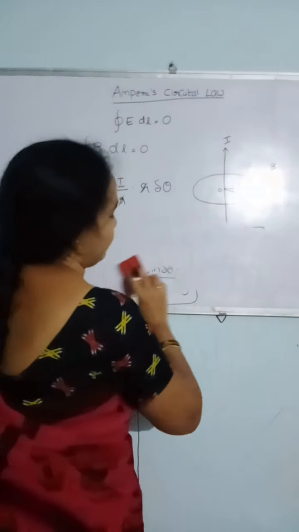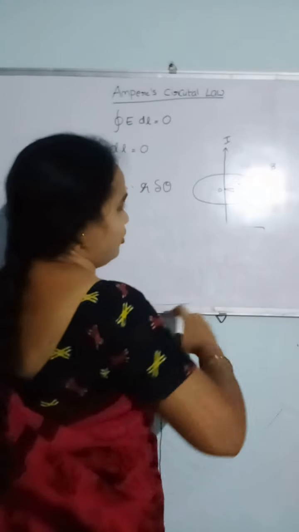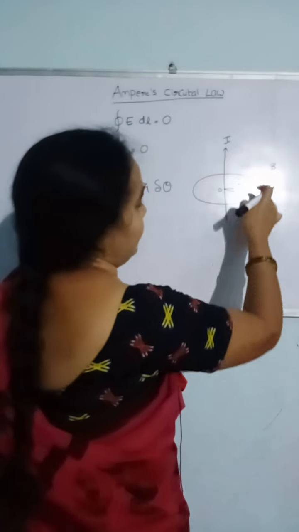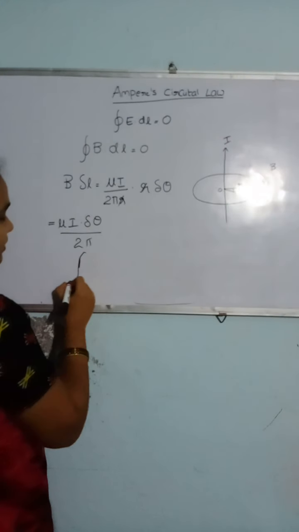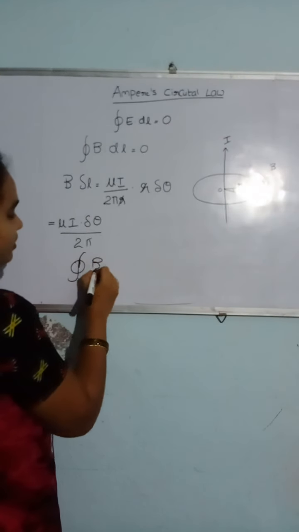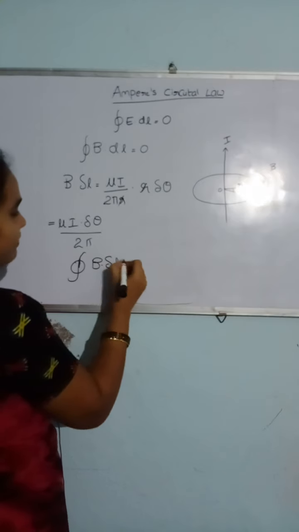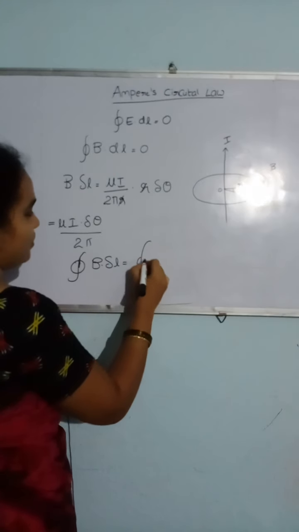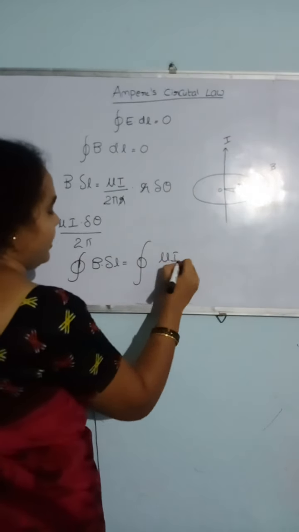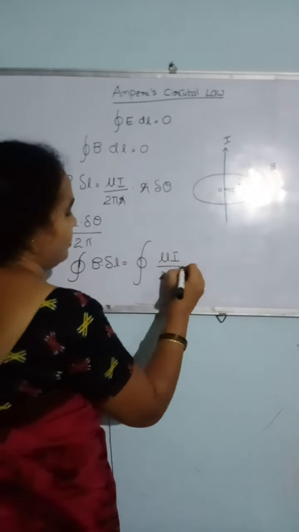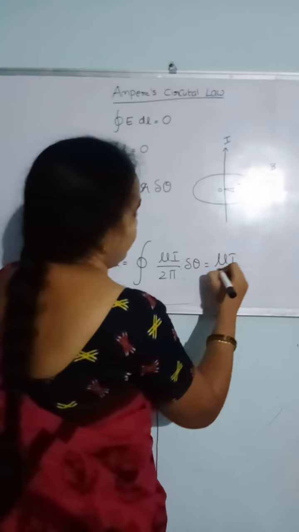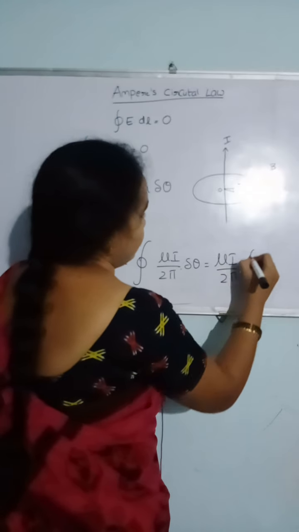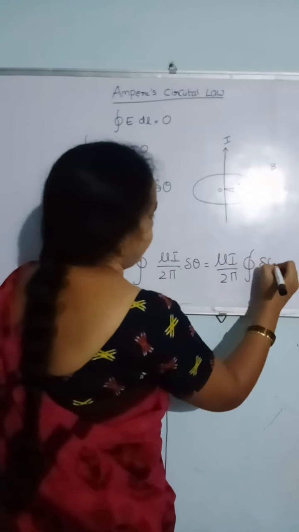Next, for the entire closed loop, that is for the closed path, B dot delta L can be derived as the closed integral of mu I by 2 pi into delta theta. Mu, I and 2 pi are constants, so we take the closed integral of delta theta.